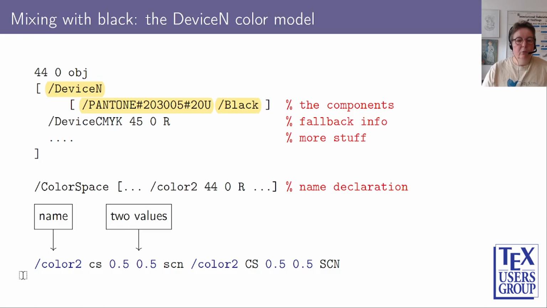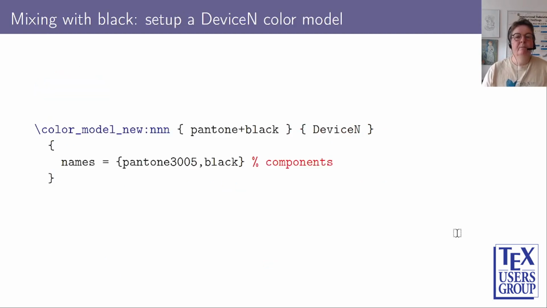And then, once we have set up this, we can call the color. Again, we use a CS operator to select the color model. And now we have to give two values because we have two components. The first value describes how much of Pantone should be used, and the second how much of the black should be used. The setup of such a color model is again quite easy.